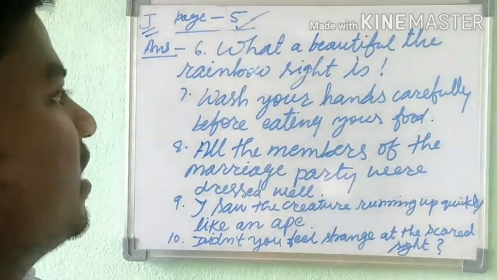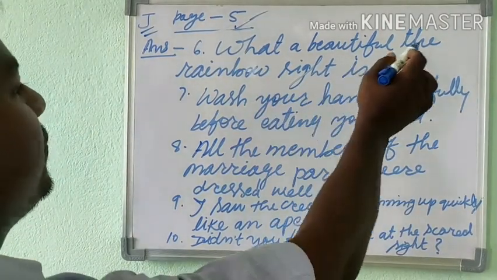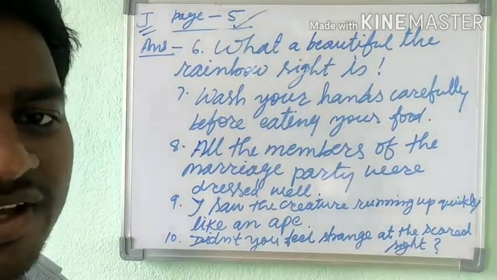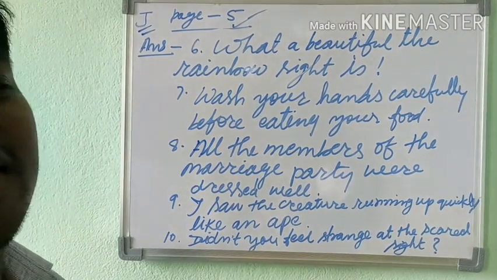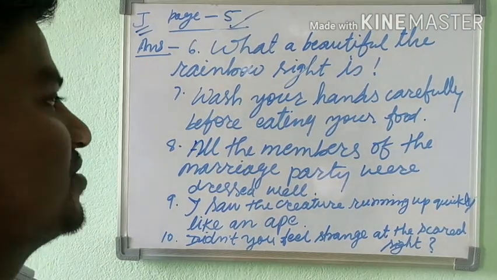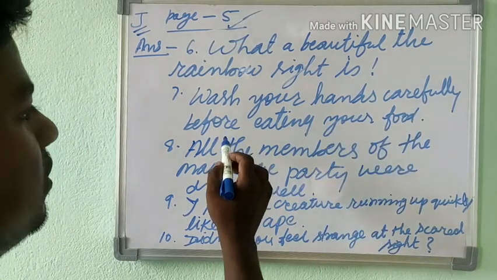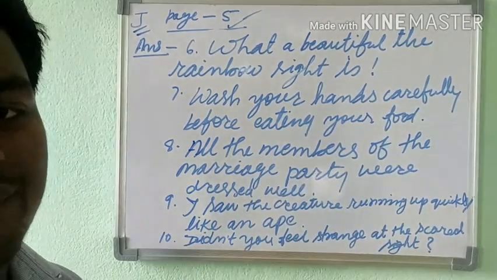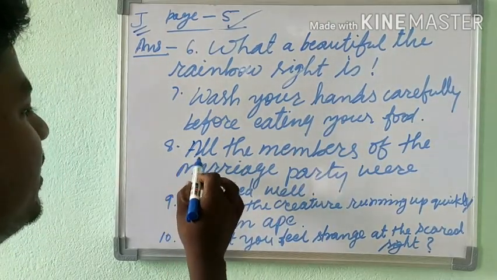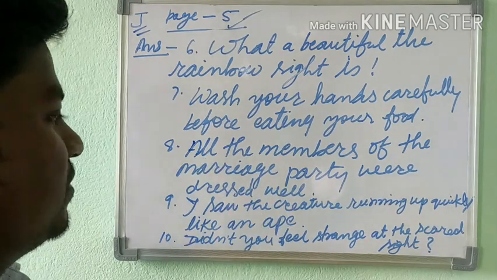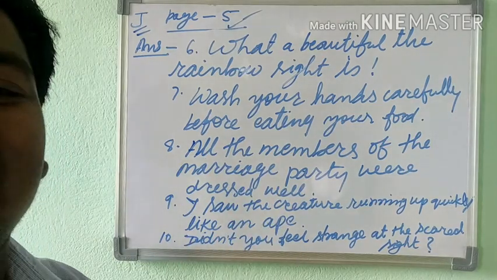Number 6, the answer is, what beautiful the rainbow sight is. Again, that's the kind of exclamatory sentence. Number 7, wash your hands carefully before eating your food. Good. Number 8, all the members of the marriage party were dressed well.